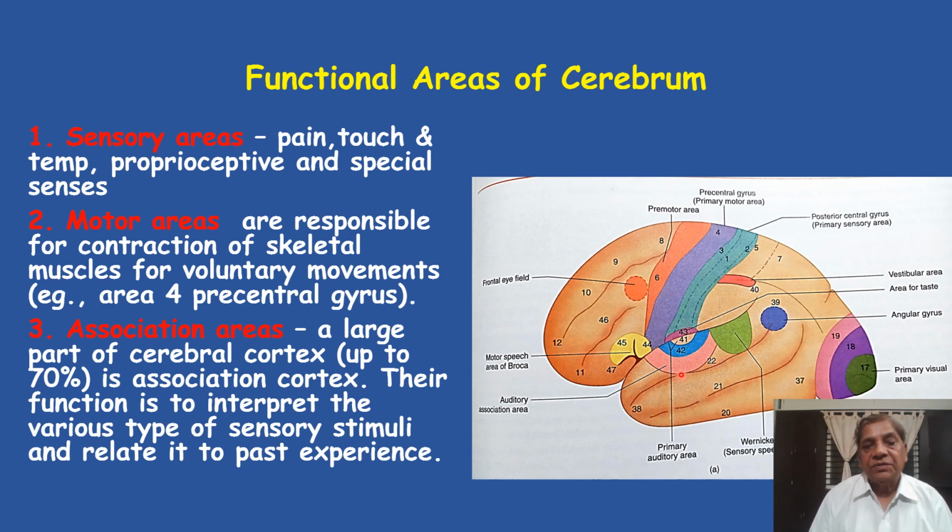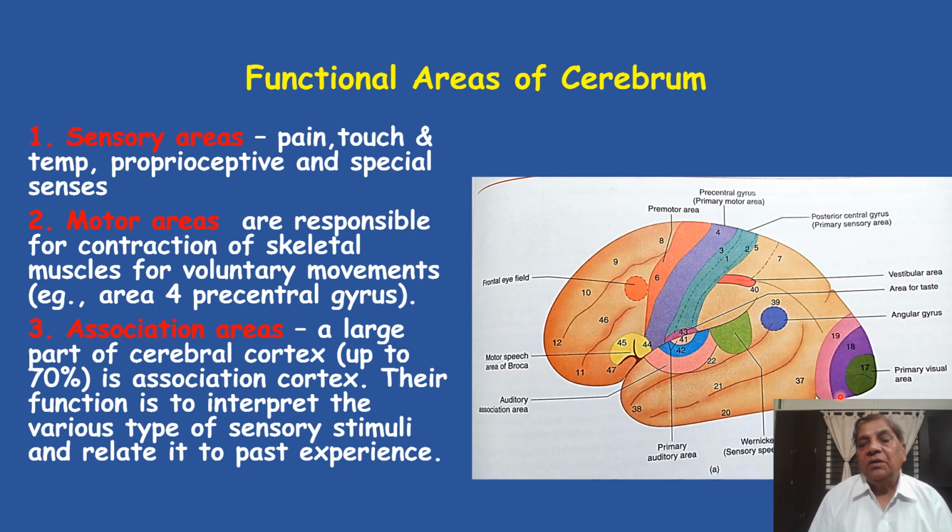Now what is the function of this association area? Their function is to interpret the various types of sensory stimuli as well as motor stimuli in relation to past experience. For example, in vision, the primary visual area is area 17, where the fibers from the retina are perceived.